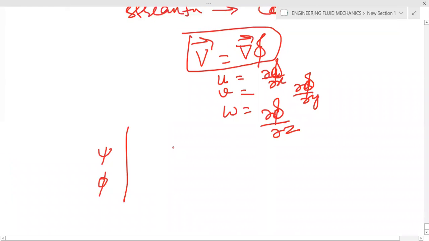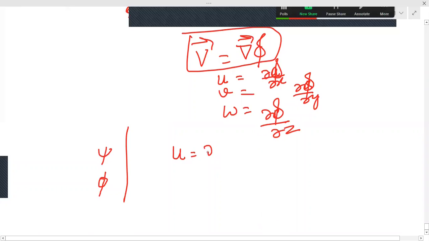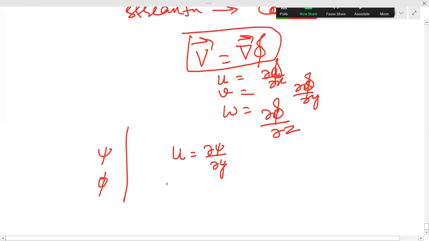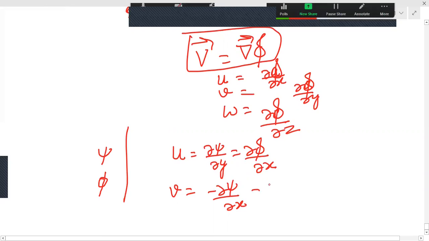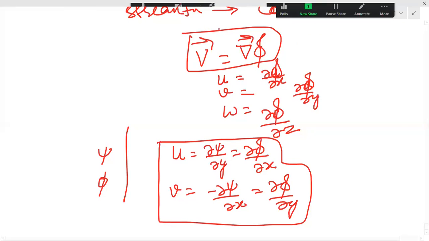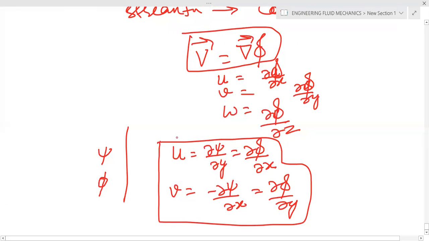And we know that U is equal to curly psi by curly Y, V was equal to minus curly psi by curly X, and U is also equal to curly phi by curly X, and V is equal to curly phi by curly Y. So velocities U and V have been represented in terms of scalar functions psi and phi.